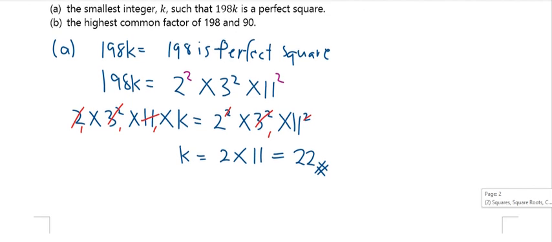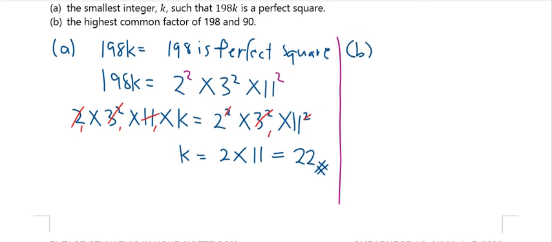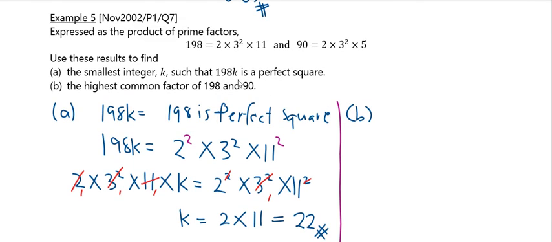Next one is B, highest common factor of 198 and 90. So here, this is your previous lesson, so you will take note that you will have to use your previous knowledge on HCF. But here you're going to use the idea of HCF using the prime factors. You are going to take the lowest power of the common factors here.